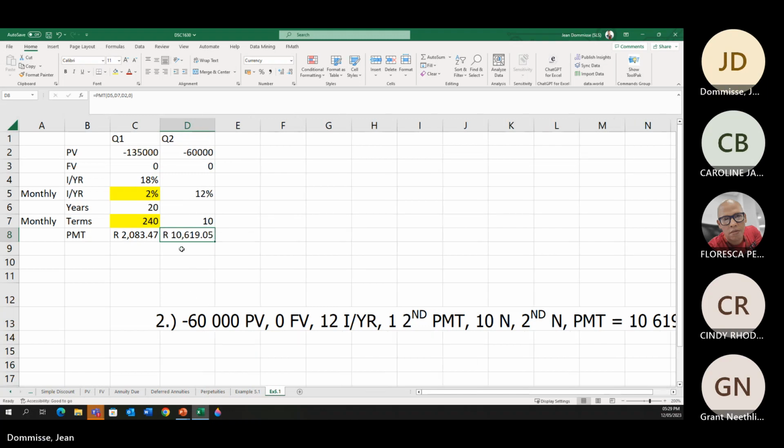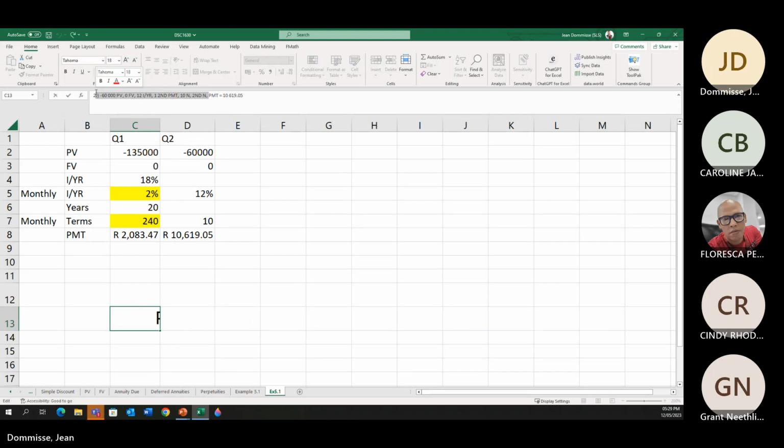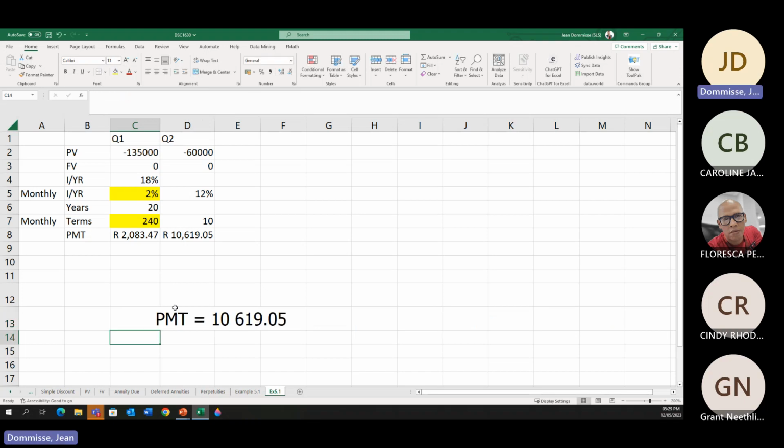So basically, if you inherited that money, you would get an amount of 10,619 rand every year for 10 years.